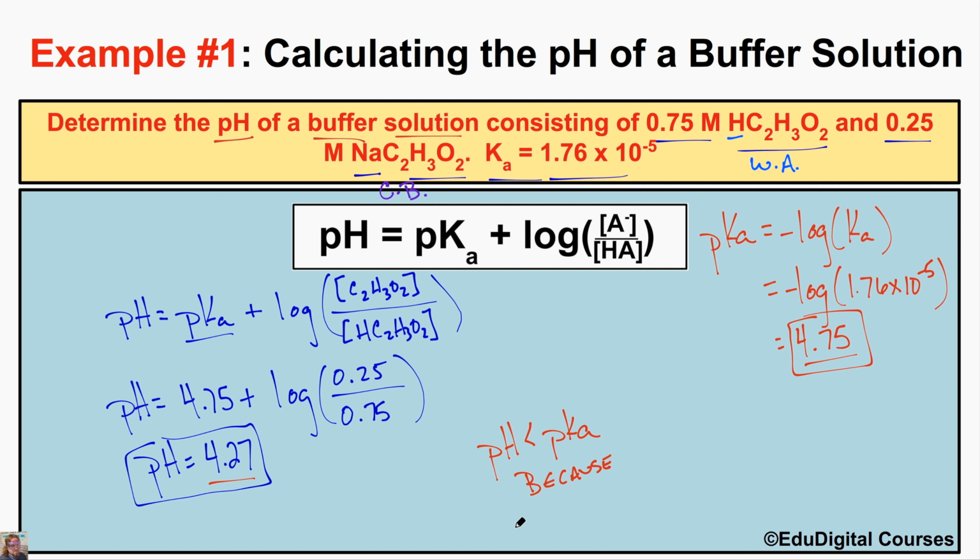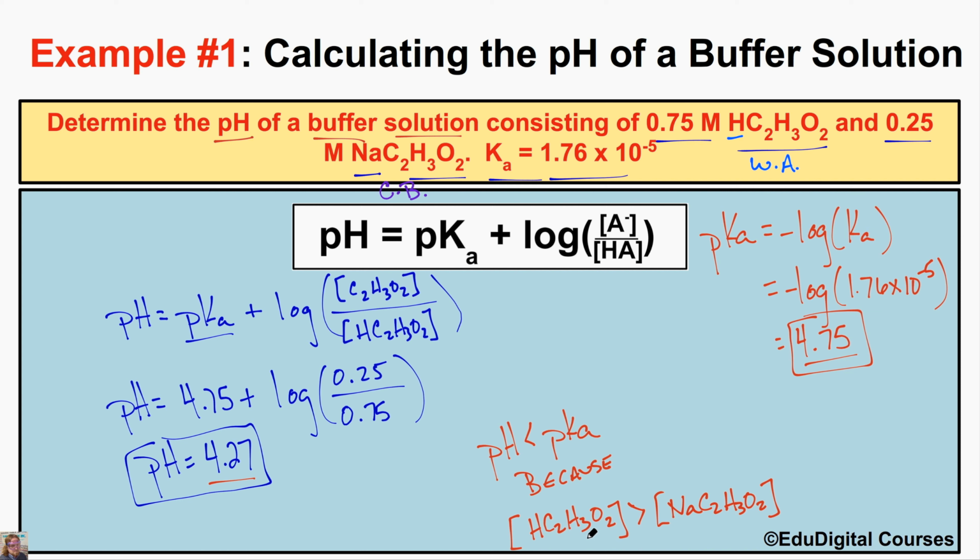the concentration of our acid, in this case here HC2H3O2, is greater than the concentration of the conjugate base here, NaC2H3O2.